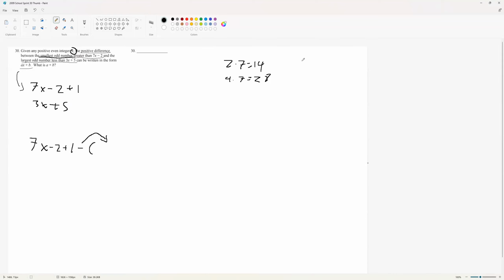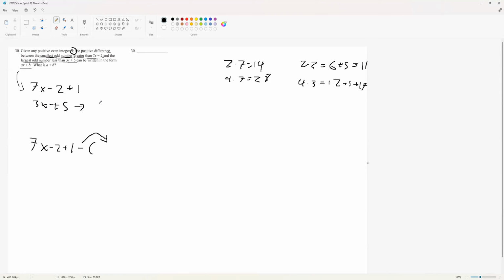Because the 3x will always be even: 2 times 3 is 6, 4 times 3 is 12. But anytime you add 5, it will turn into odd because you're adding an odd number. 6 plus 5 is 11, 12 plus 5 is 17. So this will always turn out odd.